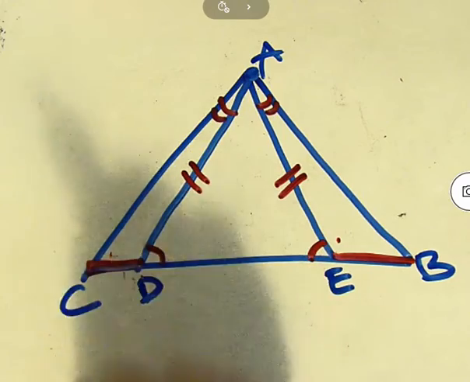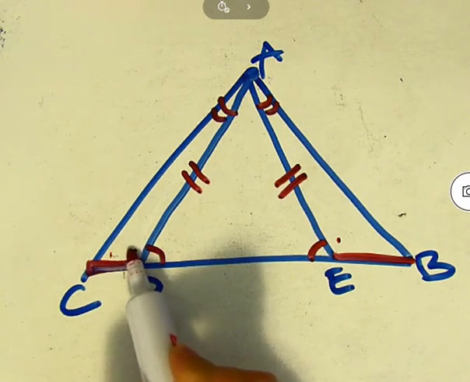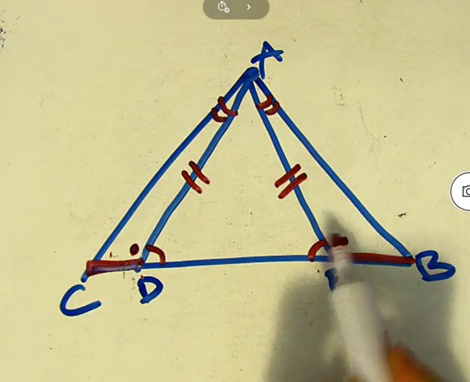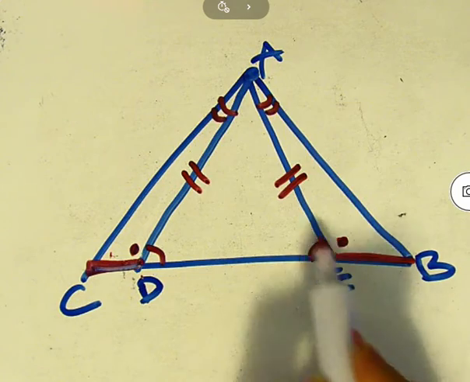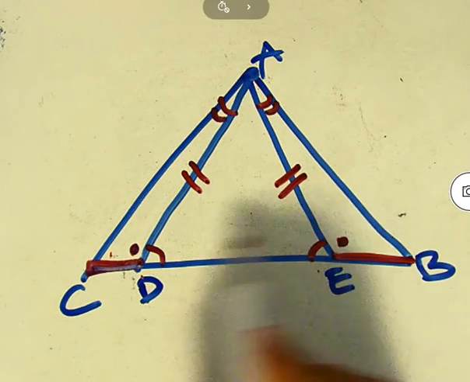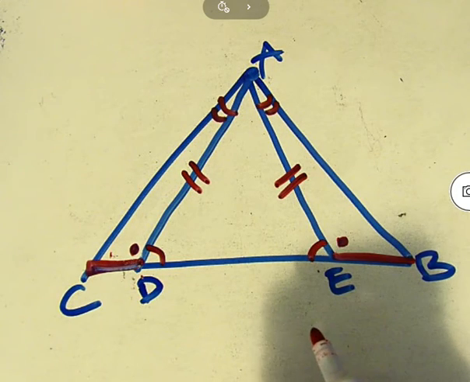But if I can go ahead and prove that ADC, which is this angle right here, is congruent to angle AEB, which is this angle right here, then I'm going to end up using ASA to prove those 2 triangles congruent. Well, there is an easy way to say that these 2 dotted angles are congruent. If you guys remember, we have looked at linear pairs before.